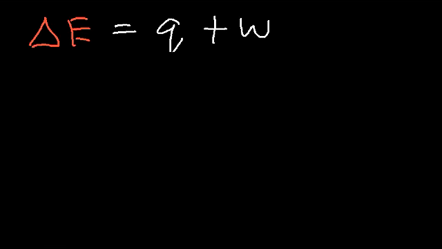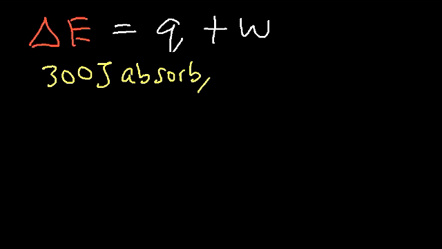Now, let's say 300 joules of heat energy was absorbed by the system, and the system, which is a gas, expands from 2 liters to 3 liters at a pressure of 5 atm. Calculate the change in the internal energy of the system.